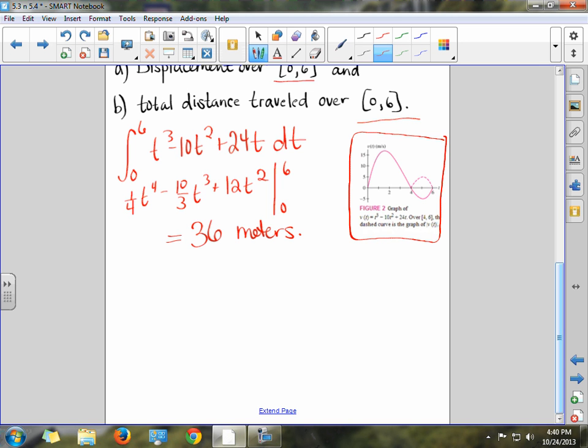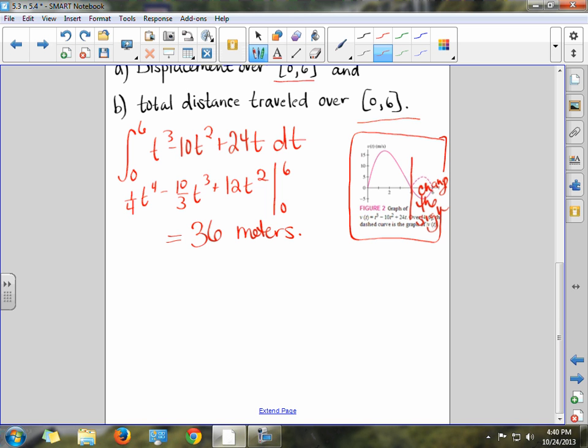So I've given you a graph right here and say, okay, all this negative area just needs to be flipped up and put above the x-axis. So what we end up doing is we take this negative area wherever it hits the x-axis, so wherever it's equal to 0, and we just change the sign. And so we actually split it into two integrals wherever the function crosses the x-axis.